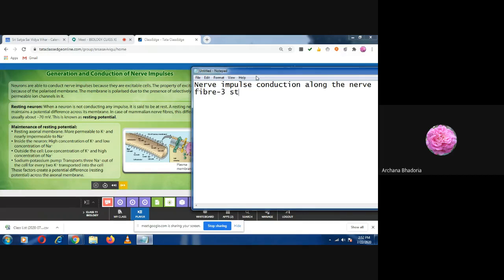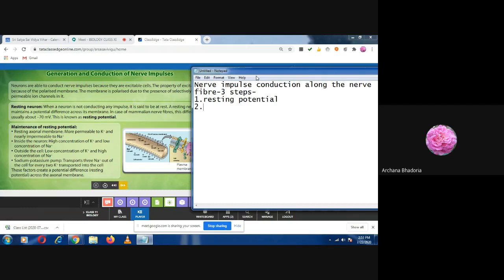What are those steps? Step number one, resting potential. Now try to understand this thing, note down also.